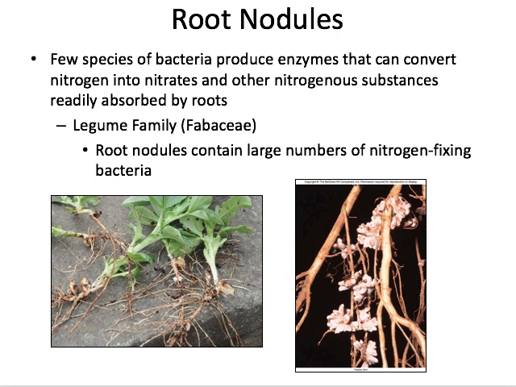But by having these nitrogen-fixing bacteria, it allows the plants to use this very important nitrogen to grow successfully. The legume family, which is called the Fabaceae, is one of the world's largest plant families, and many of them are able to do this nitrogen fixation by root nodules.